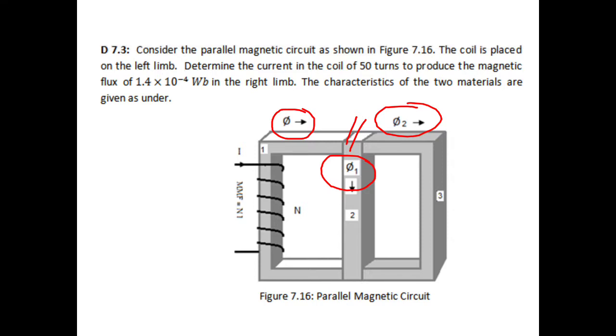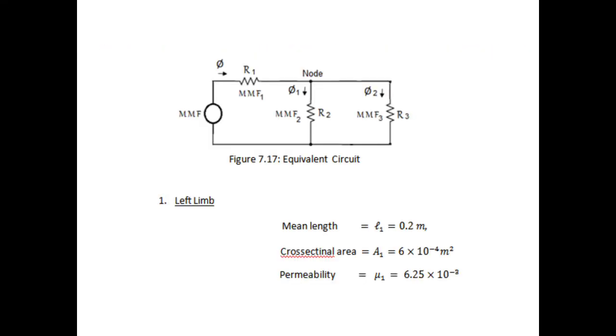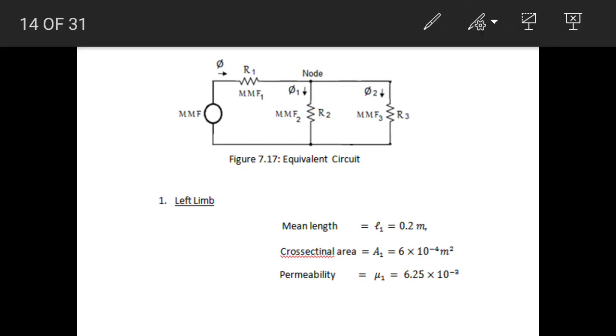We consider the equivalent circuit of the given parallel magnetic circuit. You see MMF, which is basically equal to Ni, is represented with the help of this particular source.